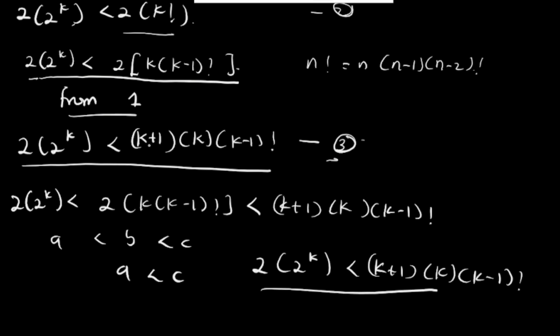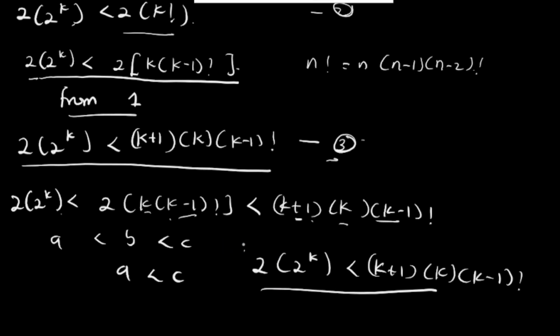So meaning our hypothesis is true because we have used the assumption to prove that indeed 2 multiplying 2 to the power k is less than this. We have k minus 1 here, we have k minus 1 here, we have k, but we still have extra 1, making this bigger than this. And if this is less than this, obviously this will be bigger than this, right?